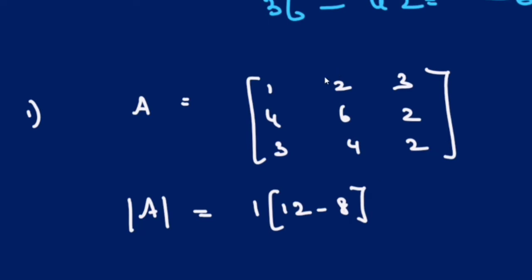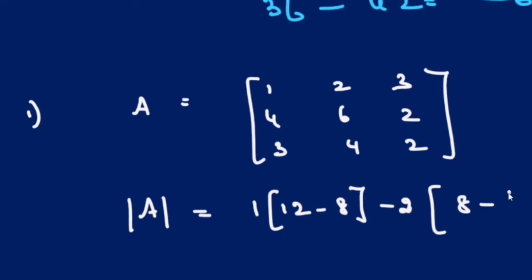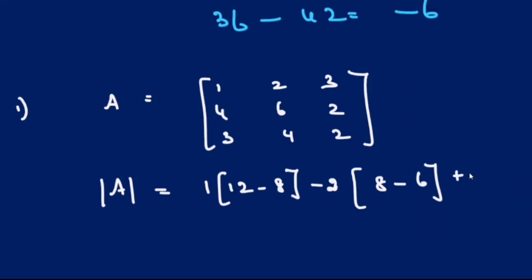Then this place is an odd place, so put minus. Minus 2 into, cut this row, cut this column, 8 minus 6. Plus 3 into, cut this row, cut this column, 16 minus 18.